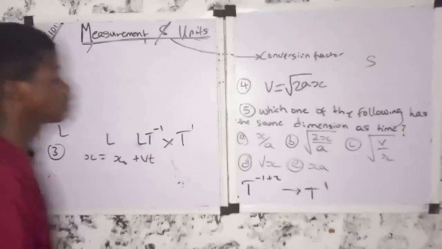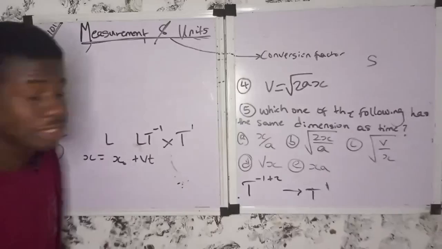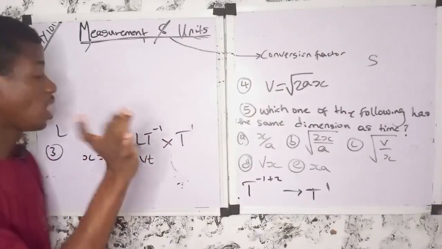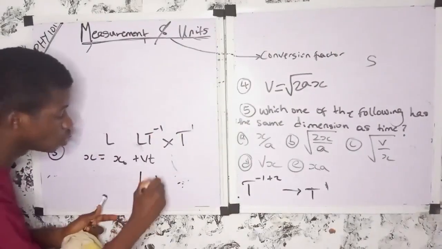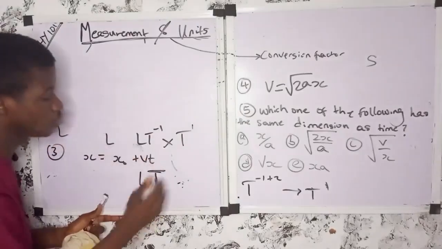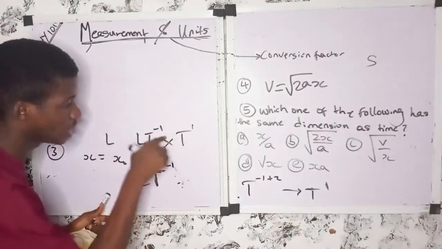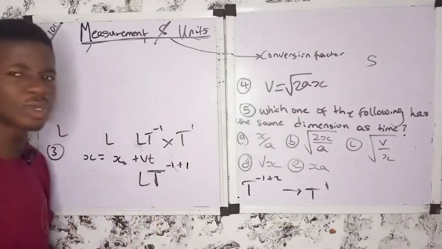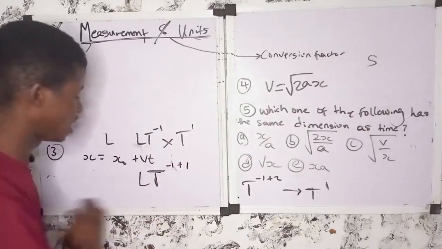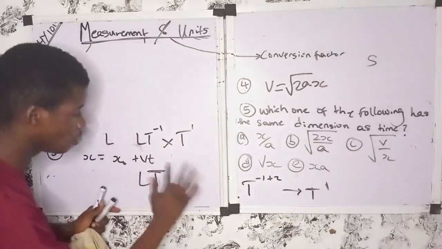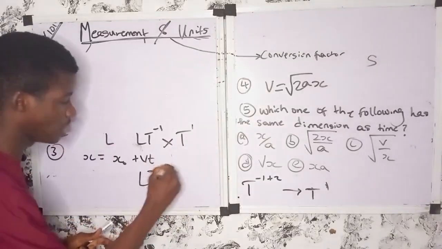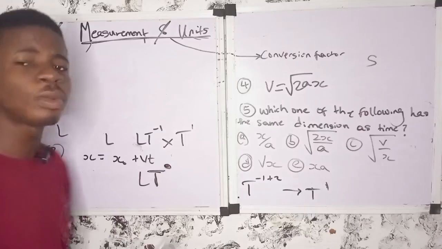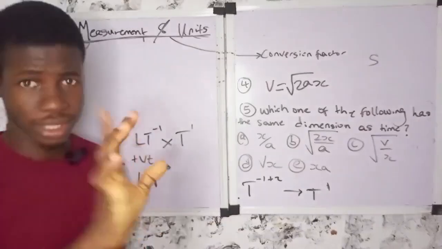Now, according to indices, when the same bases are multiplying, we take one of the bases, then we add their powers, right? So we take one of the bases, which is T, and we add their powers, minus 1 plus 1. Minus 1 plus 1 is 0. Any T raised to power 0 will give us 1.